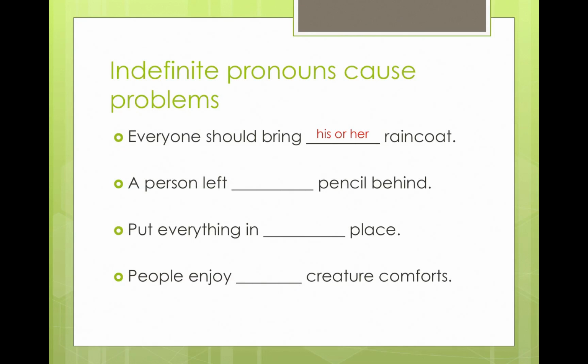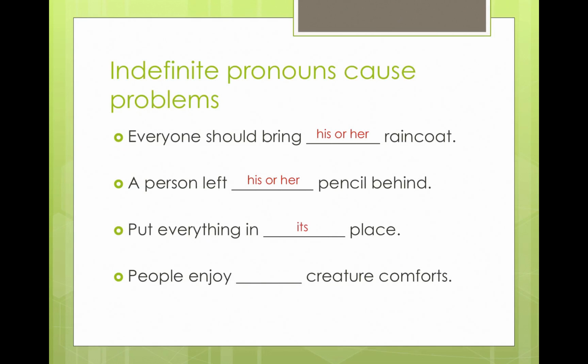The next one, a person left his or her pencil behind, because we're not sure whose pencil it belongs to, if that person's male or female. Again, if it's an all-boys school and I'm saying a person left his pencil behind, that would be okay. But if we're unsure, we don't want to appear sexist in our language, so we need to always use his or her. Put everything in blank place.